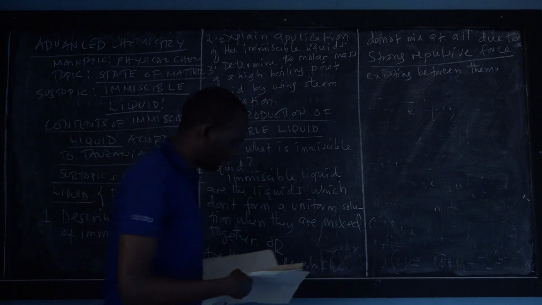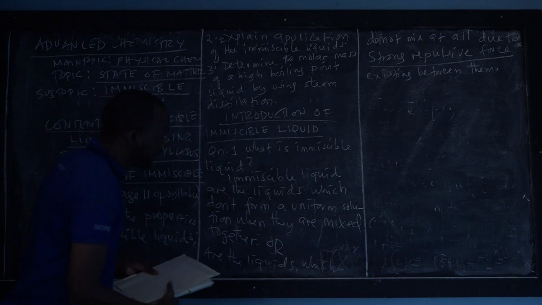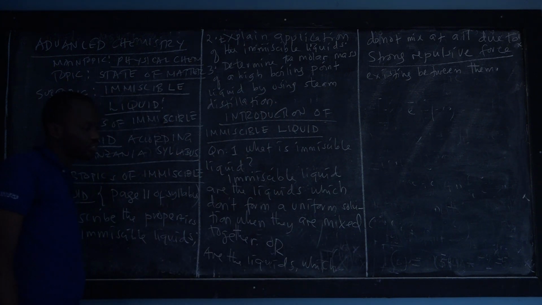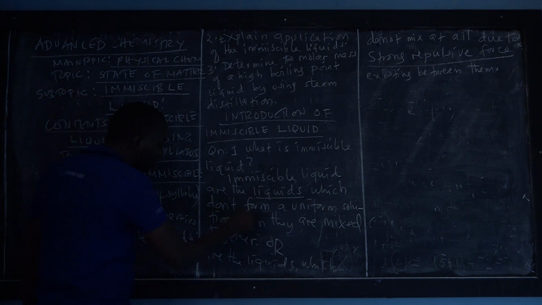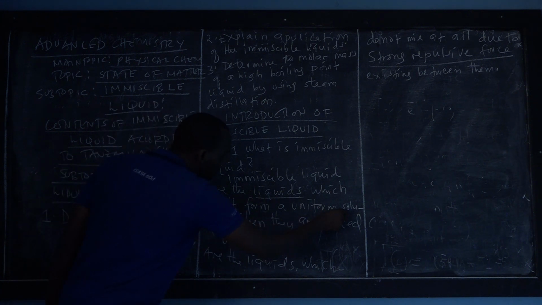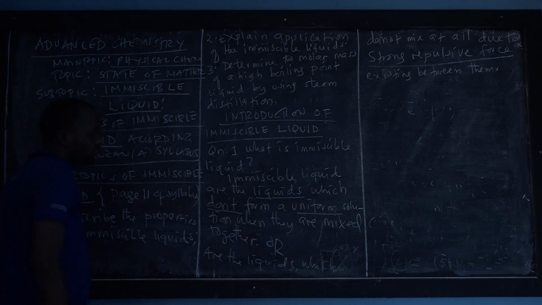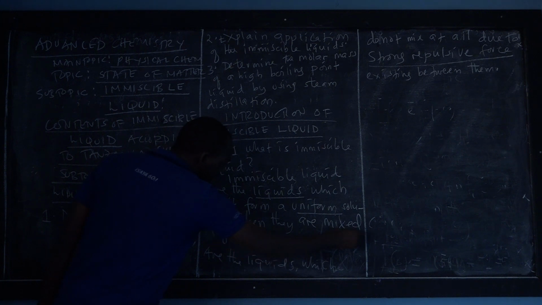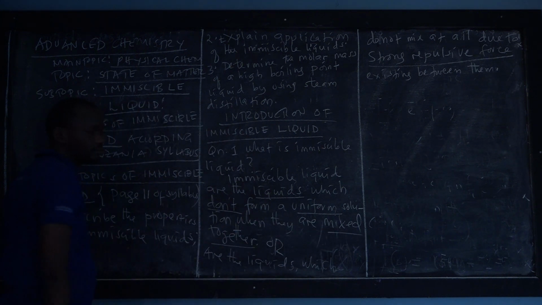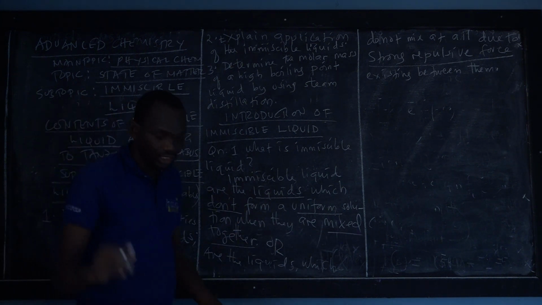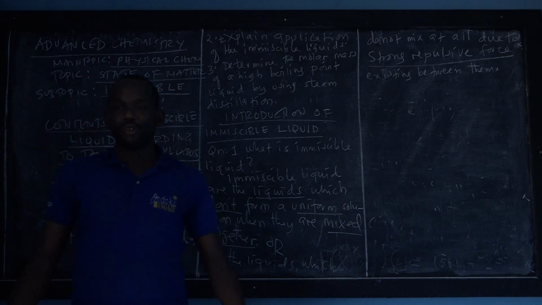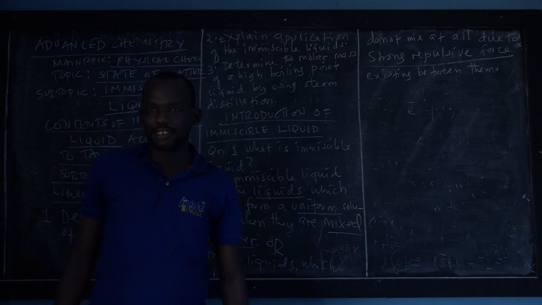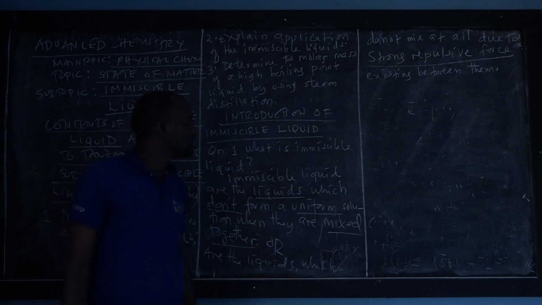Okay, so let me explain a little bit what these two definitions of immiscible liquid mean. We say immiscible liquids are the liquids which don't form a uniform solution when they are mixed together. If you take liquid A in a beaker and liquid B in a beaker, and then we mix them together in beaker C, what happens to these immiscible liquids?